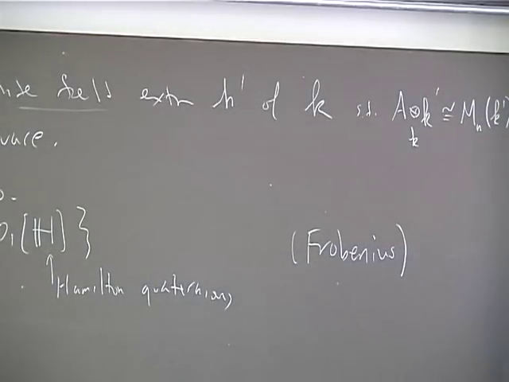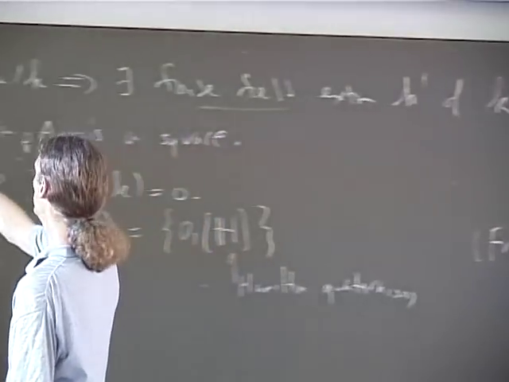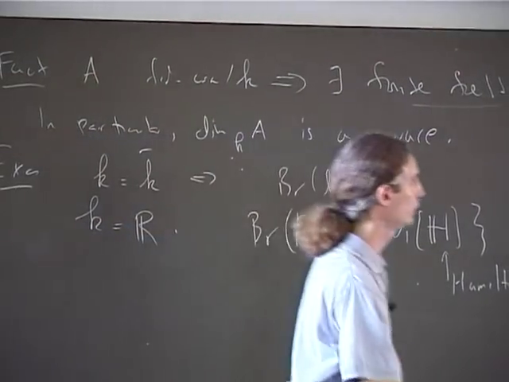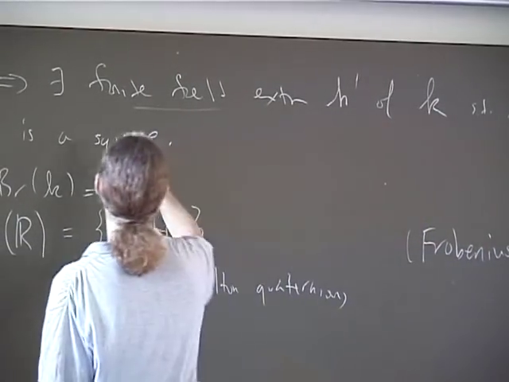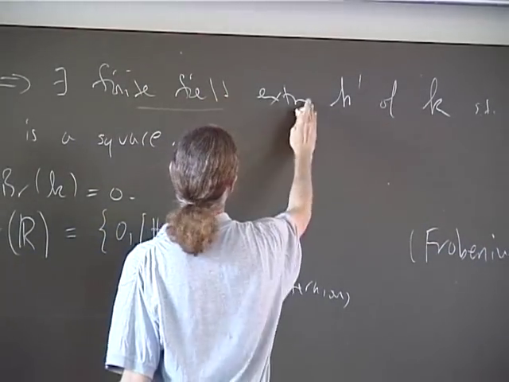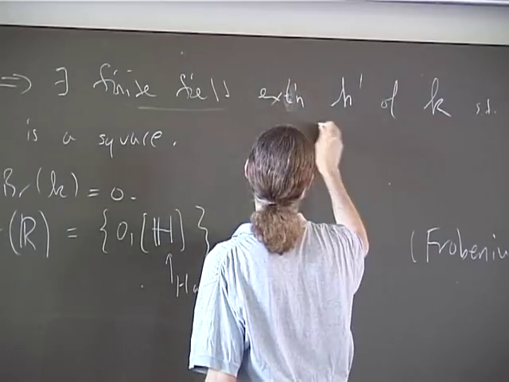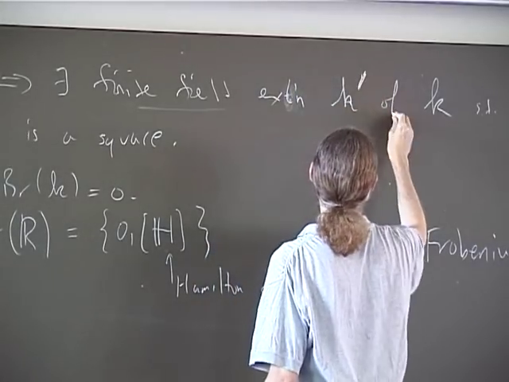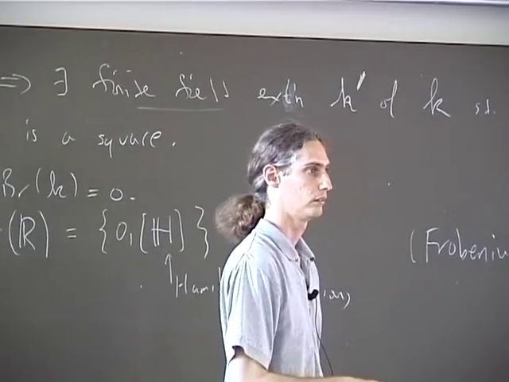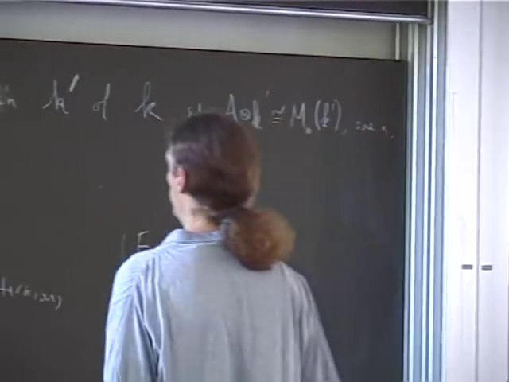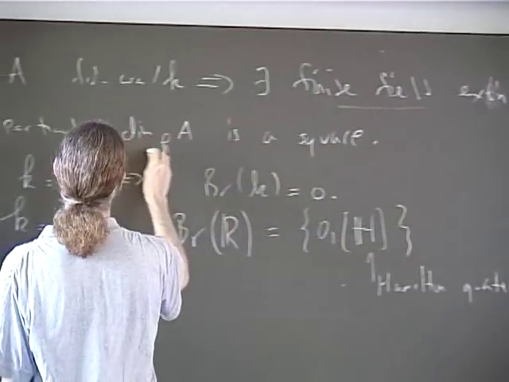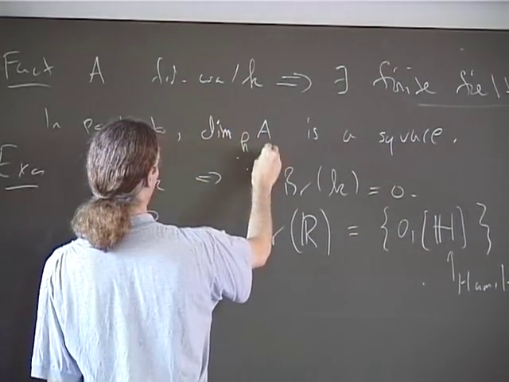Oh, sorry, this is a complete mess. If A is a finite dimensional central simple algebra, then there's a finite field extension K prime of K. The line after that: in particular, the dimension is a square.